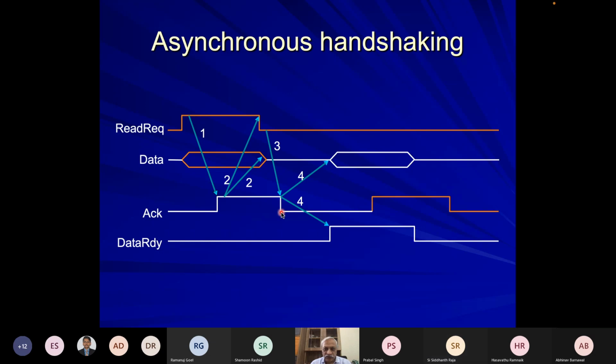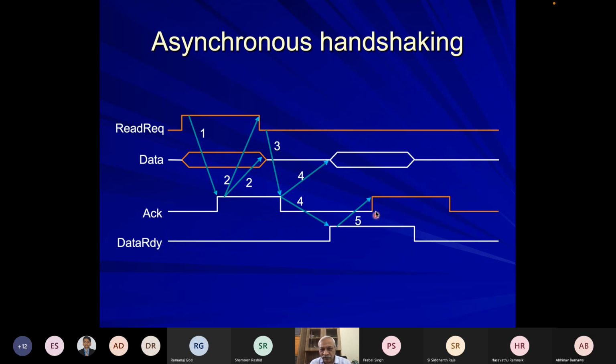Alright. So this is the next sequence. In response to this event, acknowledgement going down, the slave works on it and responds with data after some time and indicates that by making data ready. So this is the fourth.